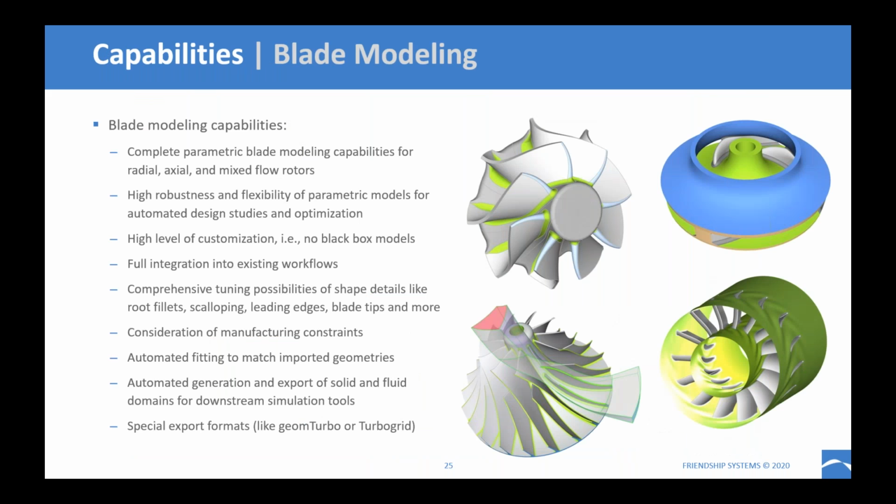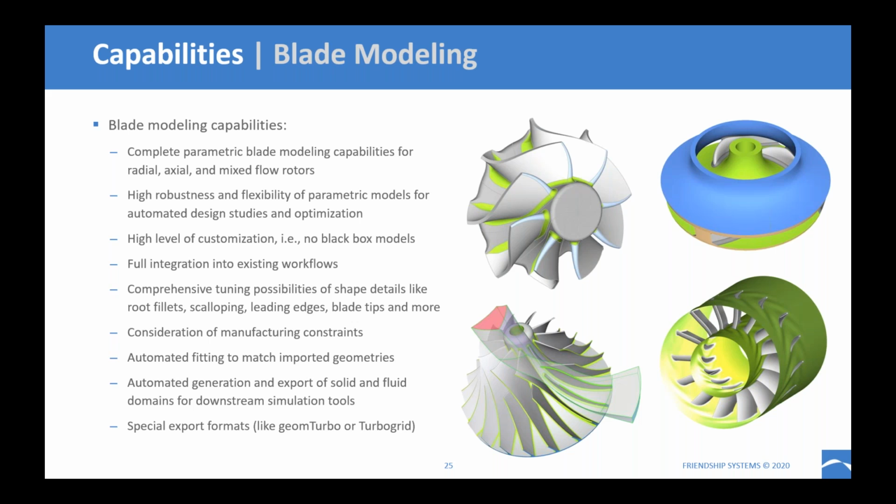And if we look specifically at blade modeling, we have, of course, complete parametric blade modeling capabilities for either radial, axial, or mixed flow rotors. As I mentioned before, the important goal is to have a high robustness and flexibility of these parametric models for automated variation.